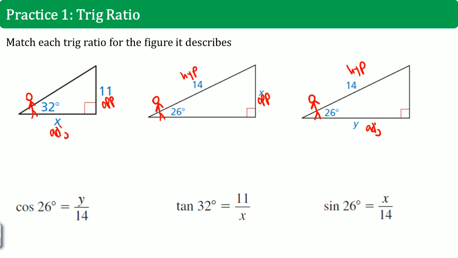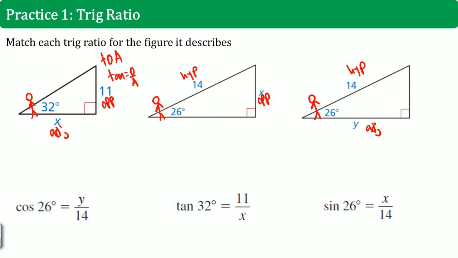All right, so here you have opposite over adjacent. Opposite over adjacent, that is going to be your tan, TOA, which is going to be tan is equal to opposite over adjacent.